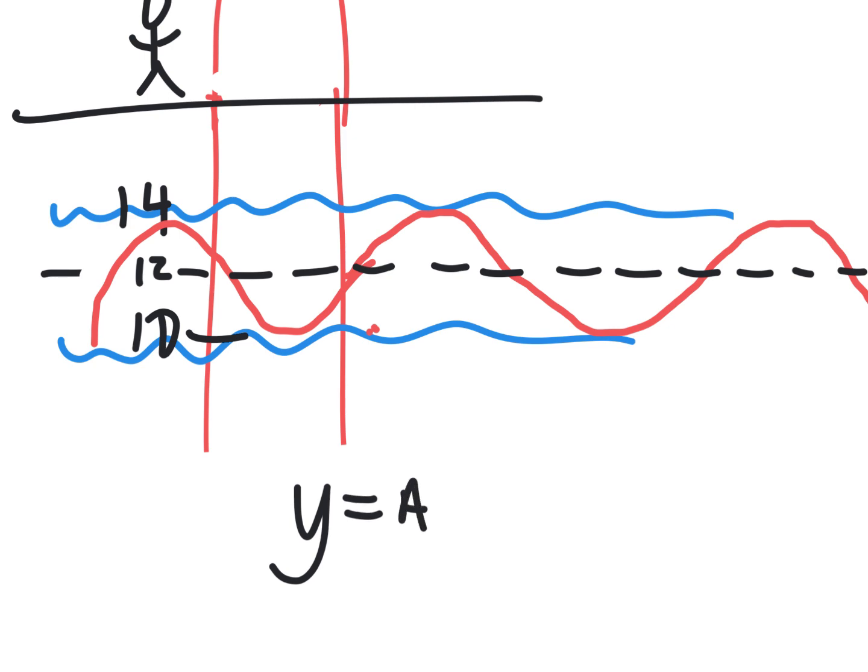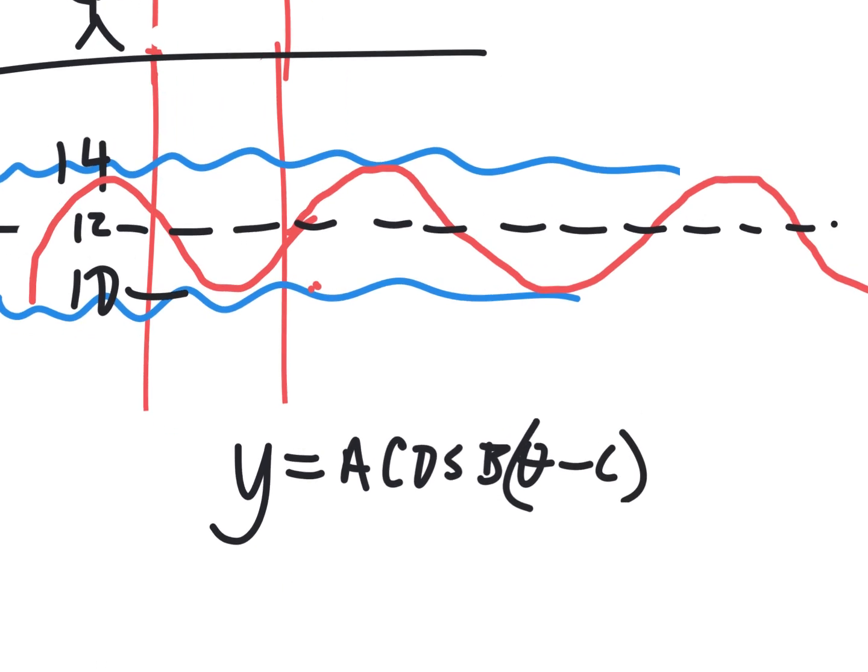But I like everybody to write A cosine(B theta minus C) plus D. And I could put this as a plus. I guess I don't have any good reason to call it minus. Although, okay, I'm going to make it minus because we usually do make it a shift to the right.